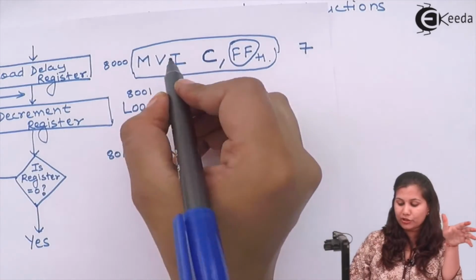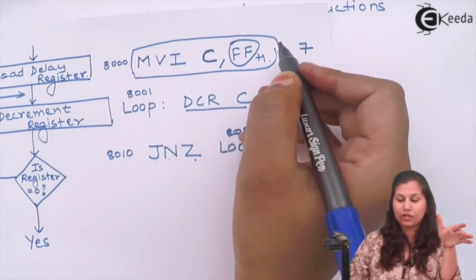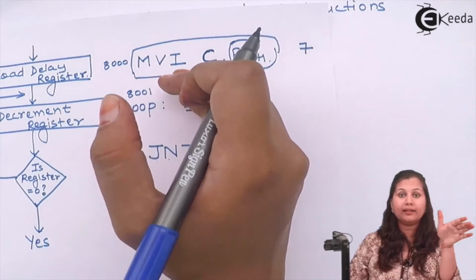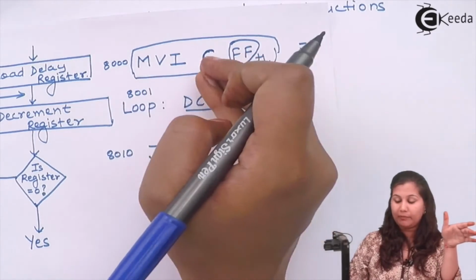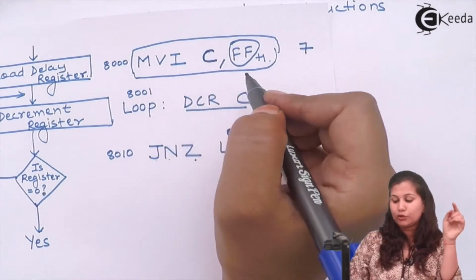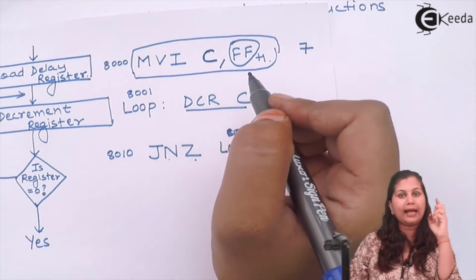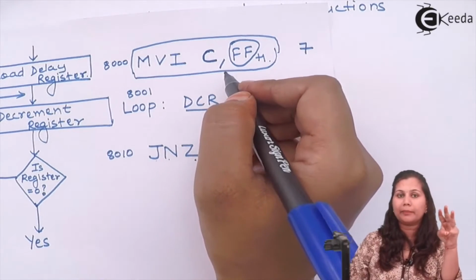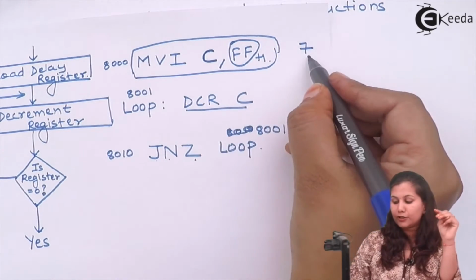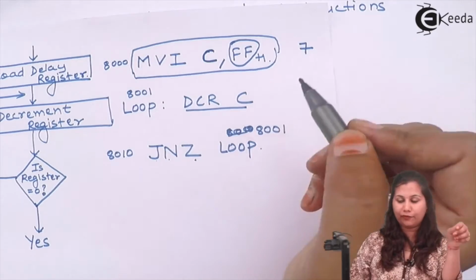So this instruction MVI C is a memory write instruction. So first 4 T states for the opcode fetch machine cycle and 3 T states for the memory write machine cycle. So total we have 7 T states for this.